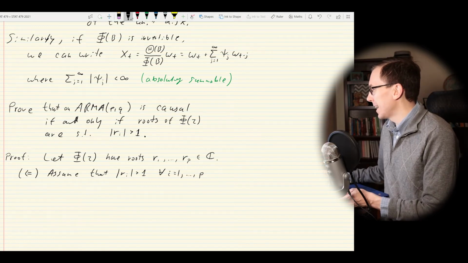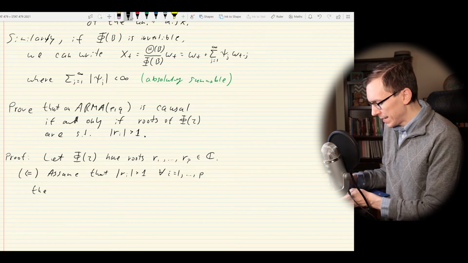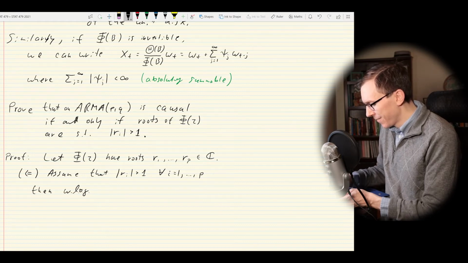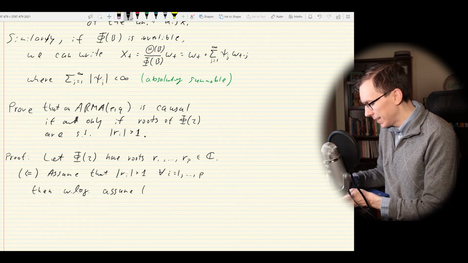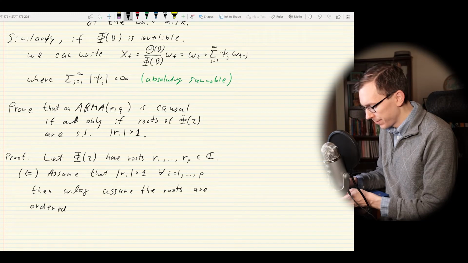So let's see, how do we do that? Well, first, we say that, okay, if we assume that, then we'll say without loss of generality, assume the roots are ordered.